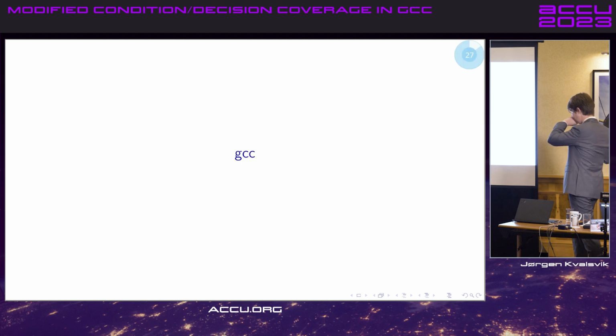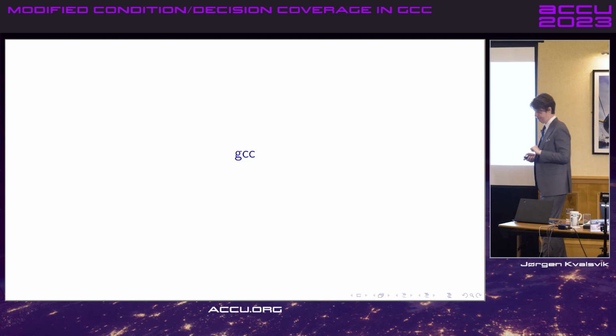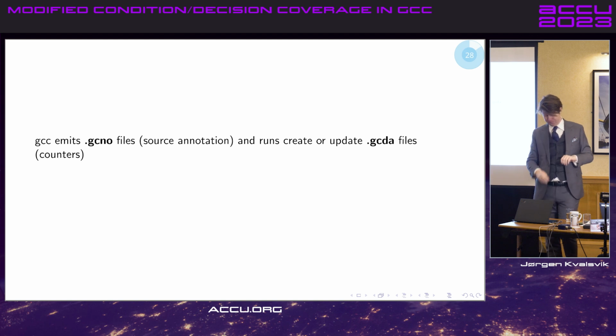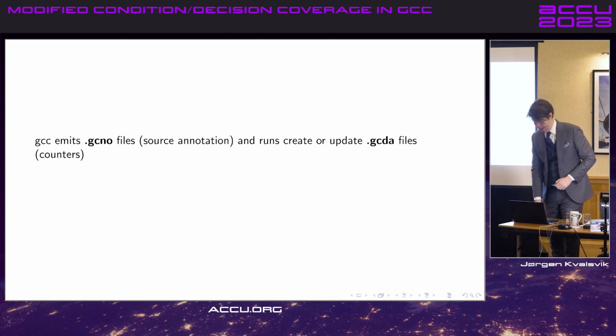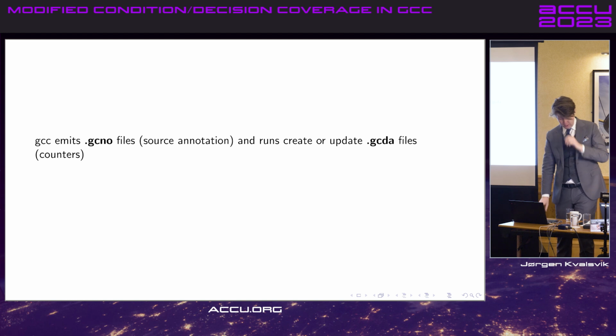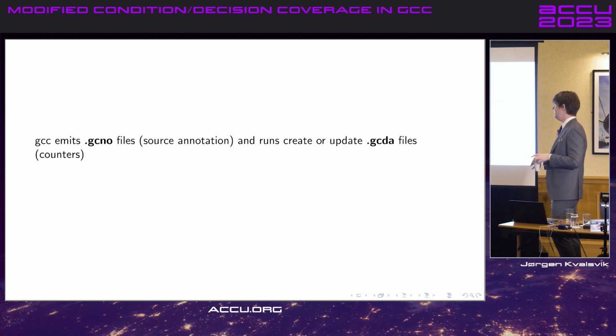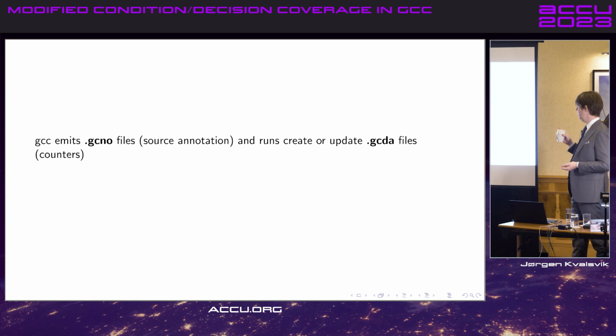Sorry. Okay, so let's talk about GCC. GCC will emit GCNO files, which, briefly, is just source annotation, and running the instrumented program will create and or update GCDA files, which is just counters. These will be in your file system.